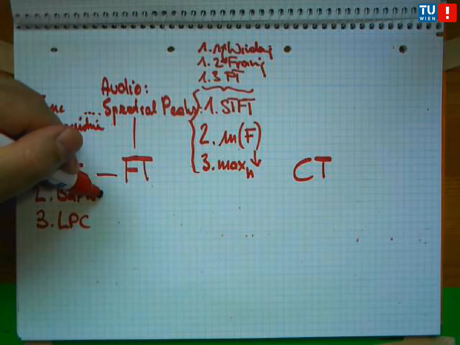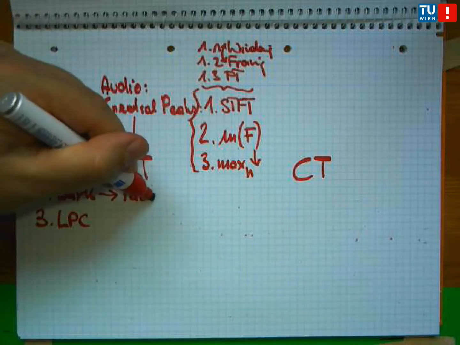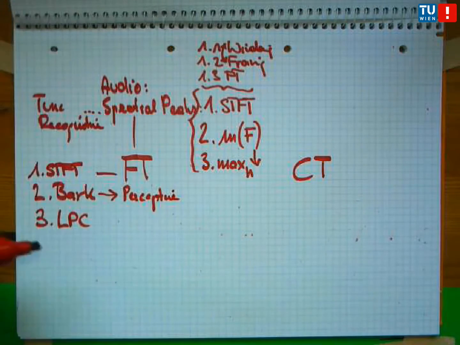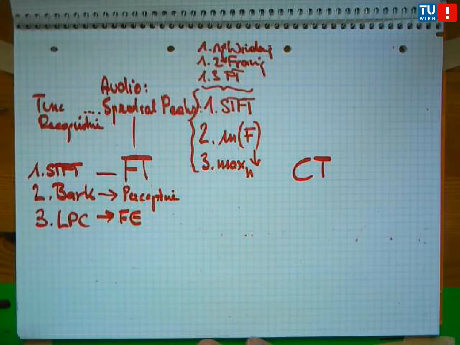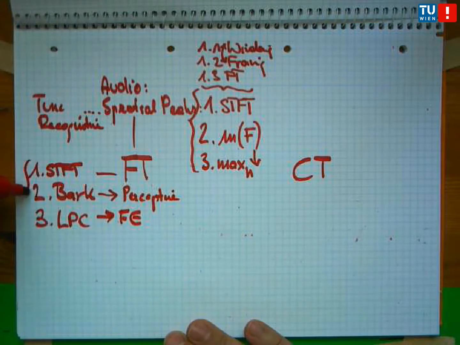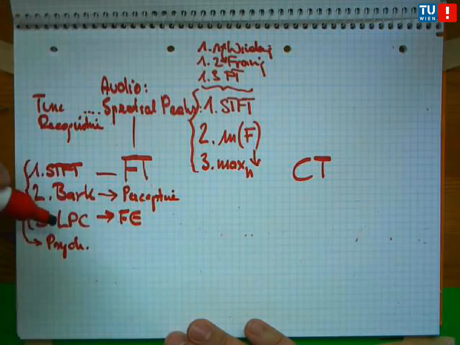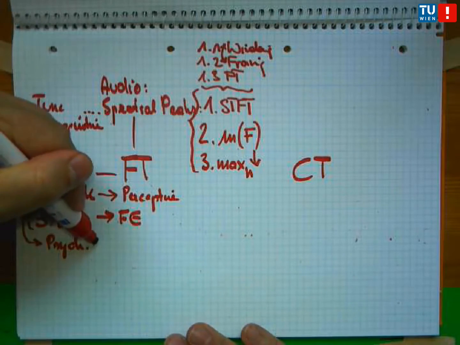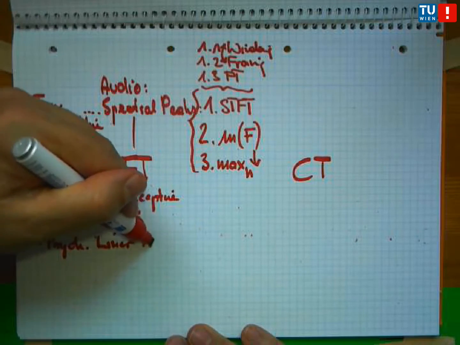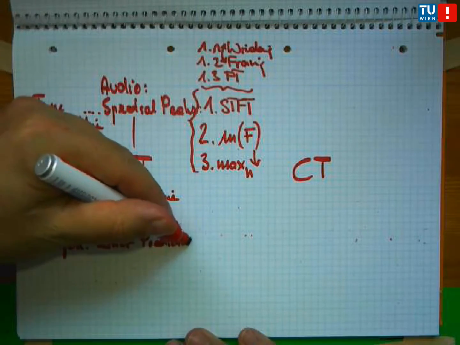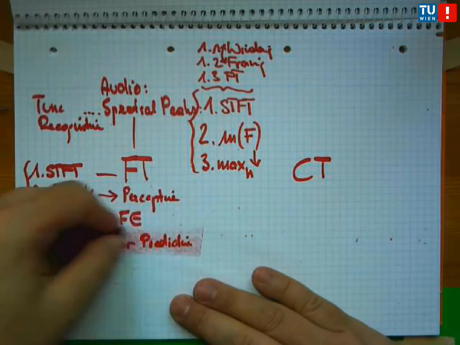Barkhausen we had when we spoke about perception, and linear predictive coding we spoke about when we spoke about feature engineering, and the whole process is referred to as psychophysical linear prediction. Okay, so these are two heavily used features.